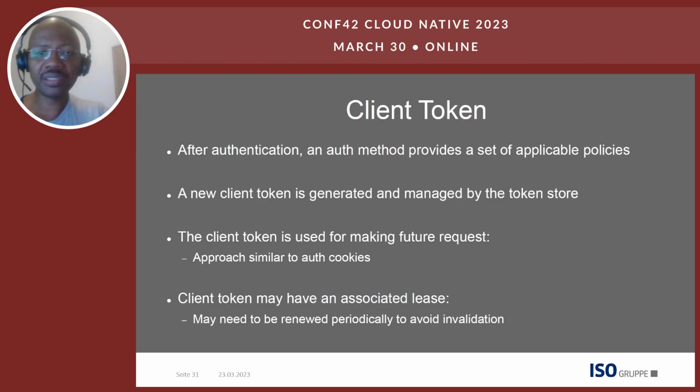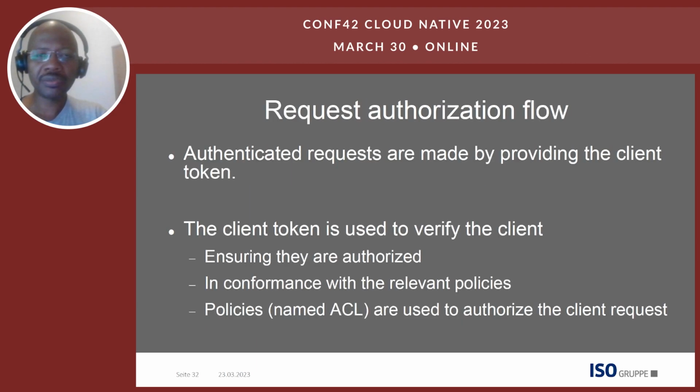Therefore, the client token is used for making future requests in an approach similar to the authentication cookies used in a web application. But client tokens may also have an associated lease, which means that they may need to be renewed periodically to avoid invalidation.